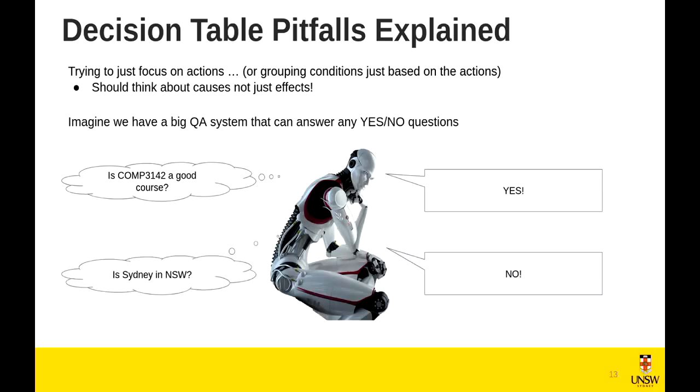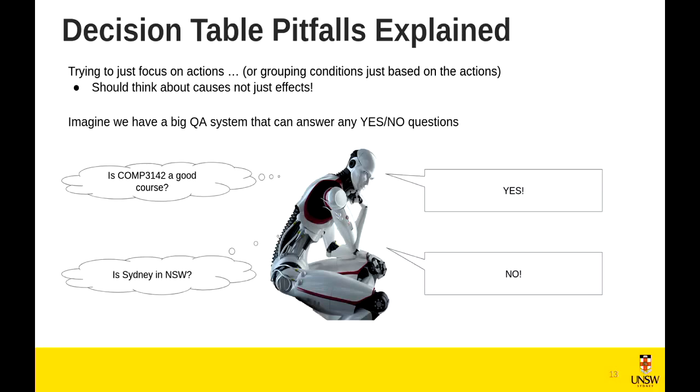We could also have another question based on some conditions, let's say, is Sydney in New South Wales? And of course, the answer is yes as well. Since both answers are yes, can we group the conditions behind these two test cases together as one rule?